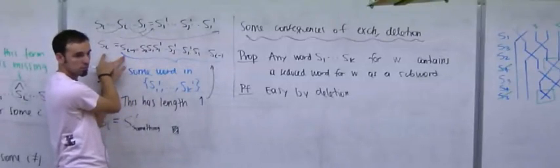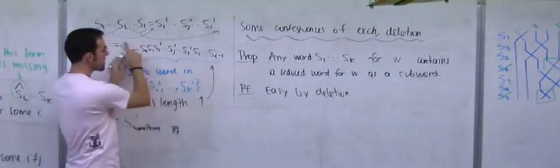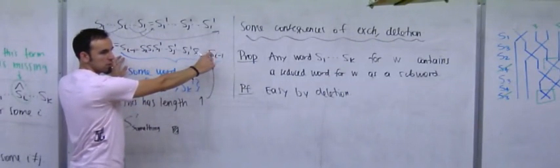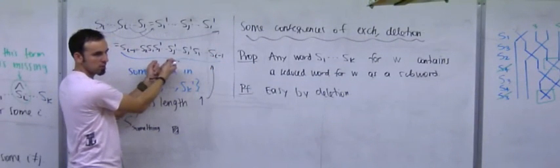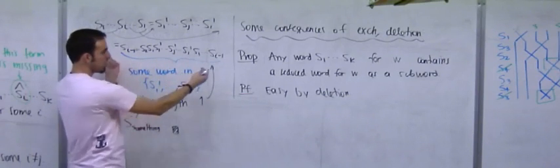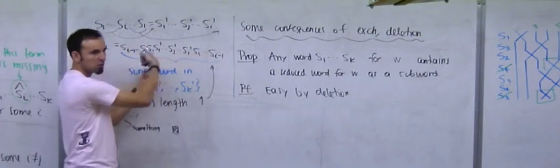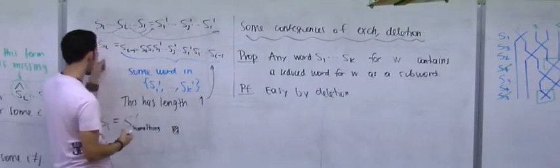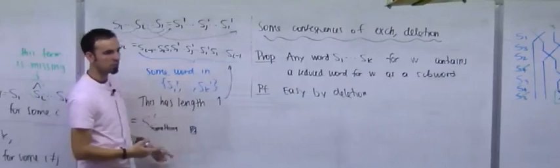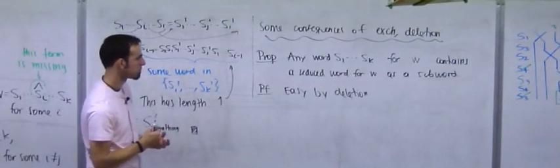And then I'm invoking this proposition that says if I have any word that is too long, then I can choose a subword that represents it and is of the correct length. The correct length is 1. So some subword of length 1 is just one of these guys, which are all s primes. And so my si is equal to some s prime sub something.